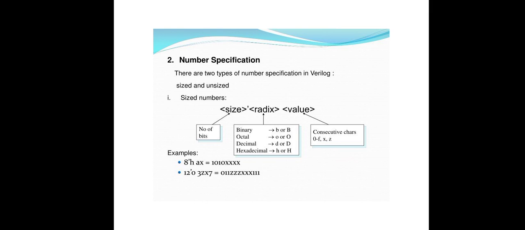Then the radix, we have already discussed in the number systems: binary number system, octal number system, decimal number system, or the hexadecimal number system. Then last is the value, that is the character of these values in the signed number system. The signed number system is the 8-bit register data type.